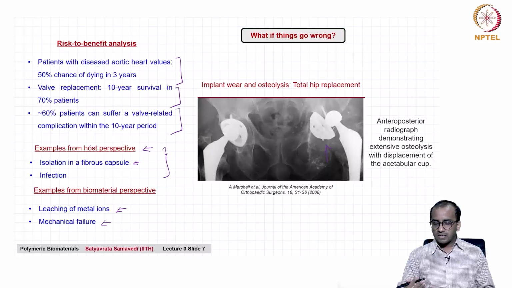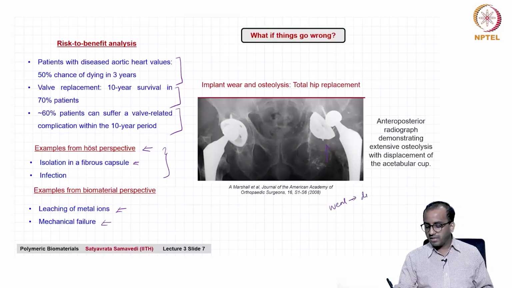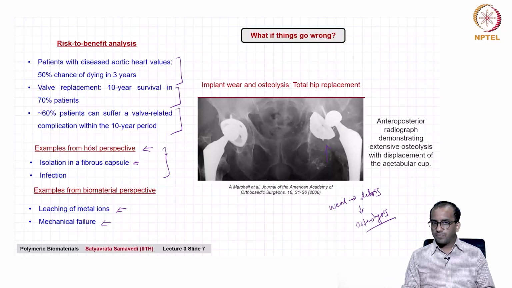Now that lining, because of wear resulting in debris, has resulted in osteolysis. So implant wear leading to osteolysis is one example of where things can go wrong with time.